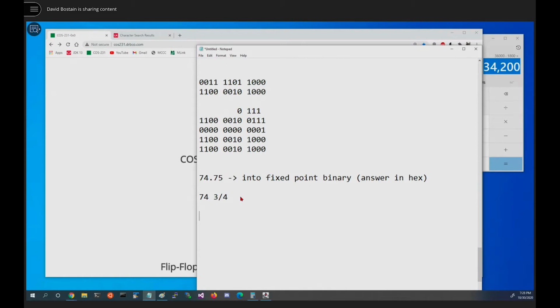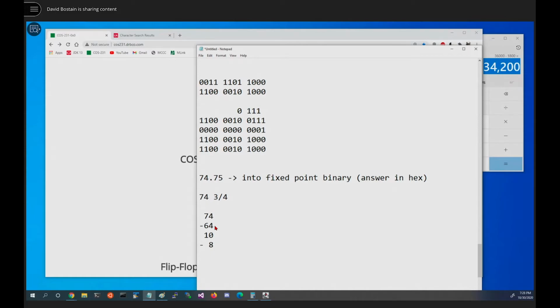Right, that makes sense. There are a bunch of ways to do that, but let's do an easy way. 74 minus the biggest power of 2 that's less than 74. What is that number? 64, which leaves us with 10 minus the biggest power of 2 that's less than 10. Somebody else answer that. 8.